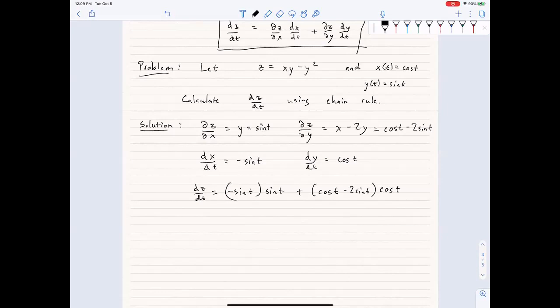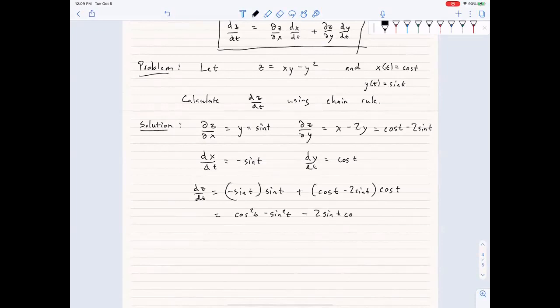And we can expand out if you want. It's cosine squared minus sine squared, pardon me, minus 2 sine t cosine t.